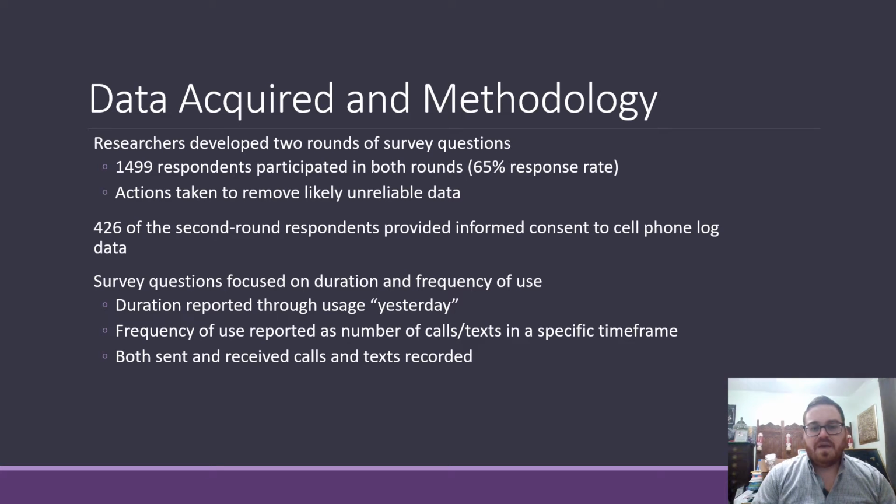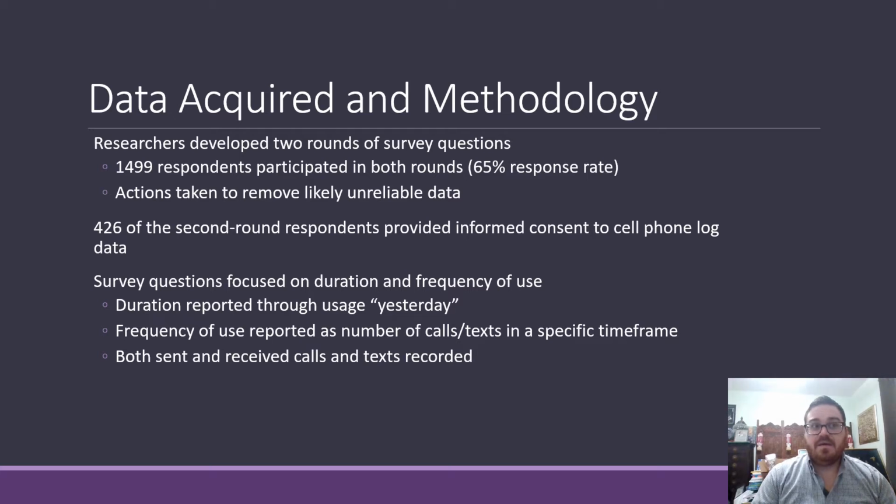The researchers helped develop two rounds of survey questions. At first, they had initially received 1,499 respondents for both rounds, which was about a 65% response rate for two rounds. But then they noticed between the two that there could be participants that were providing unreliable data. So they took some actions in order to filter out those potential data points.